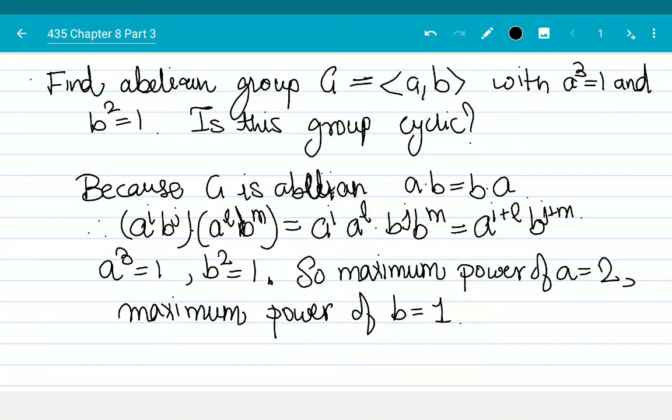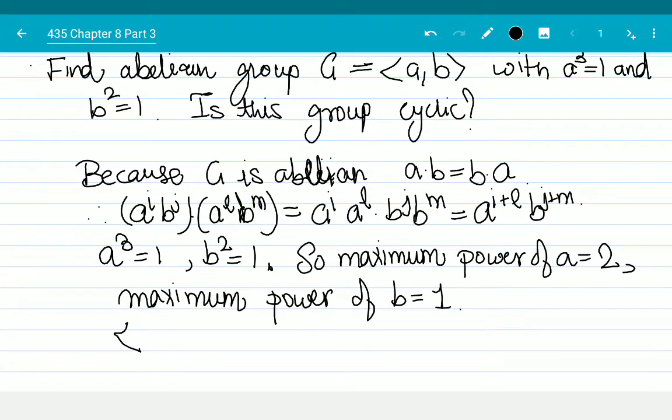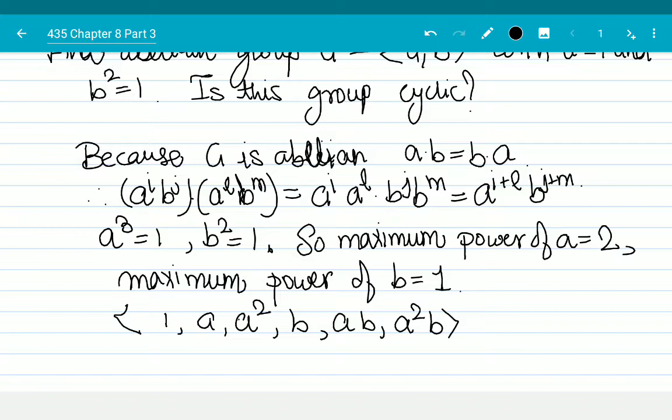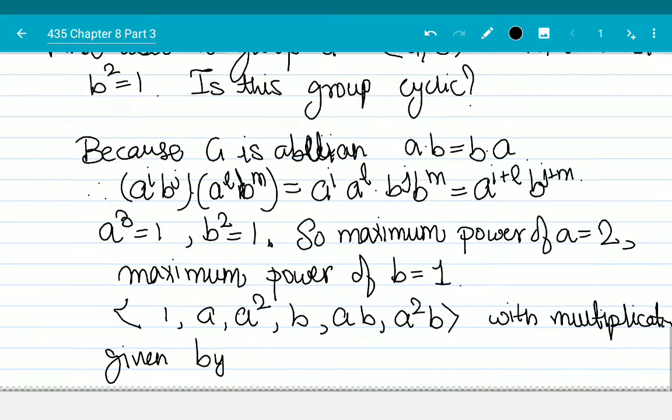Therefore, the group looks like 1, A, A squared, B, AB, A squared B, with multiplication given by this.